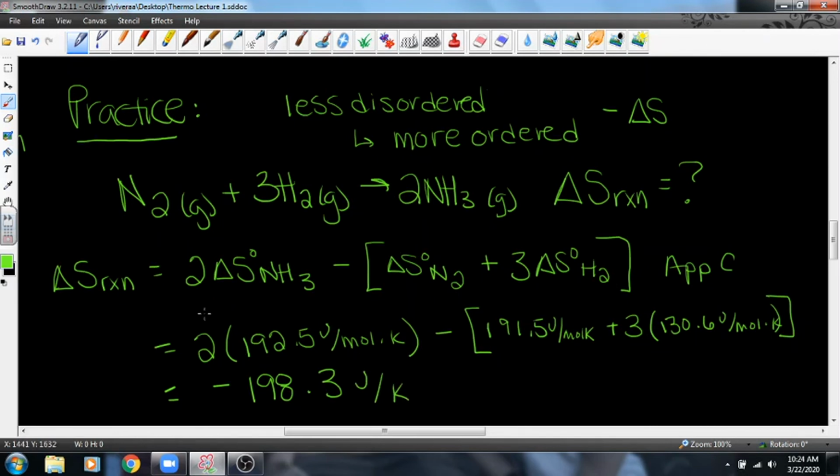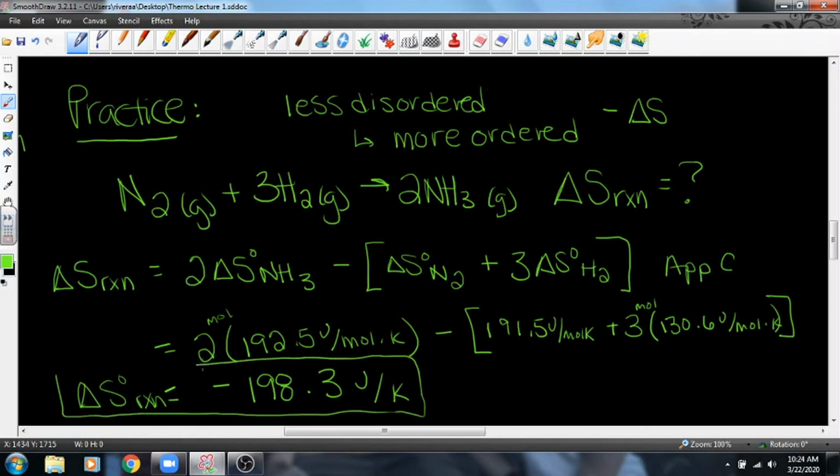Now you can see my moles canceled because, technically, this was moles, right? So your moles are going to cancel out, and the delta S naught for your reaction would be this. And oh, look, if we go back up to the top and we look at our qualitative prediction, we do in fact get a negative delta S, which means that this reaction is becoming more ordered.